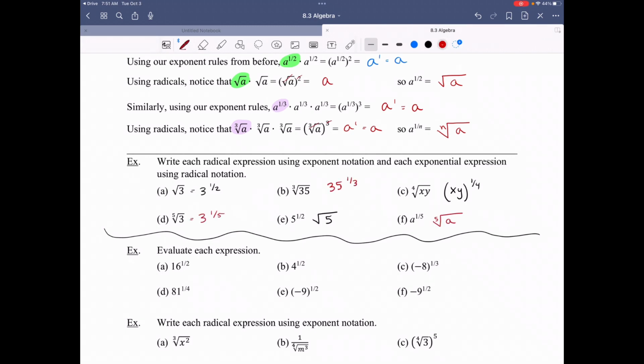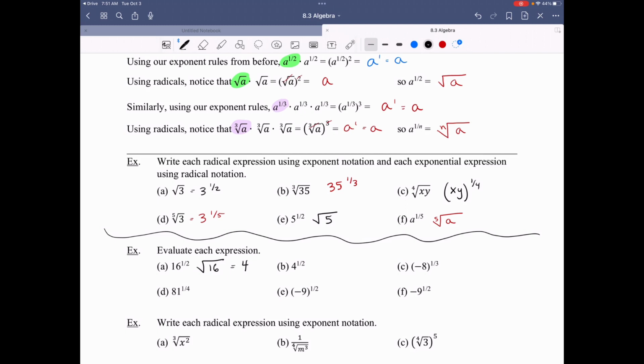Is this what you got for your answers? All right, evaluating each expression. So 16 to the 1/2 is the same as the square root of 16. And we know that the square root of 16 is 4.